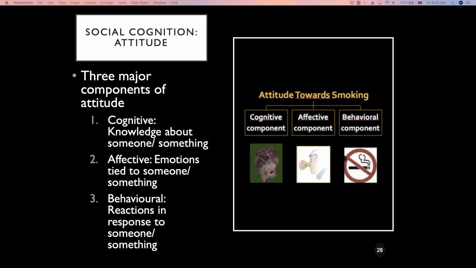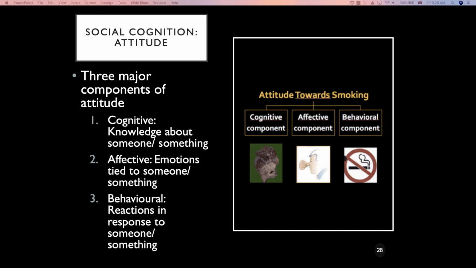Your emotions. You might not like the smell. You might know somebody who's died from lung cancer. The affective component is part of your attitude formation. And also your behavioural reaction.